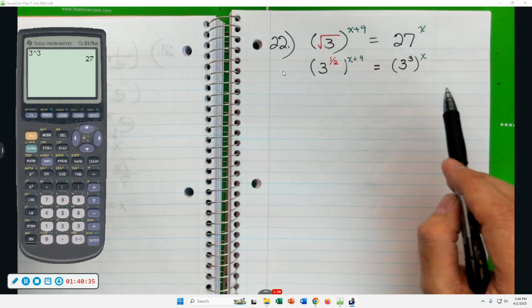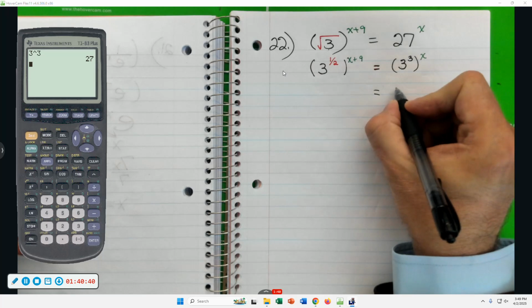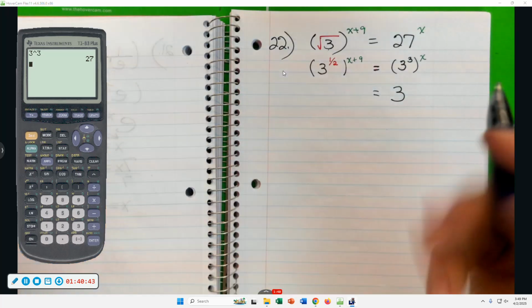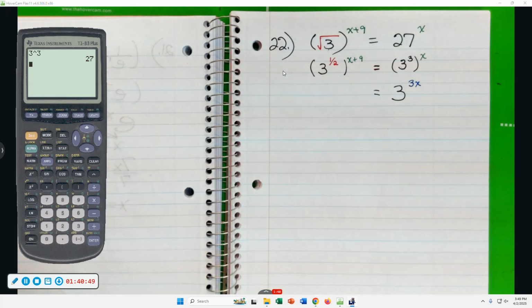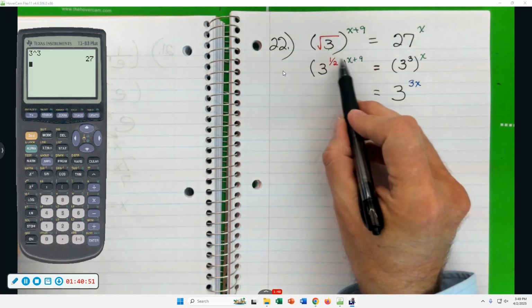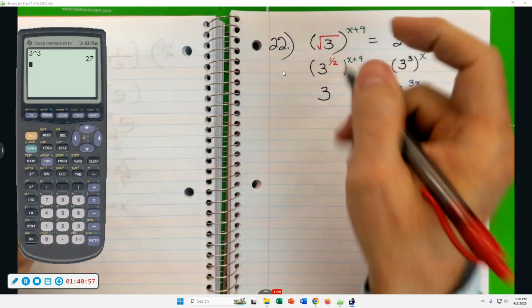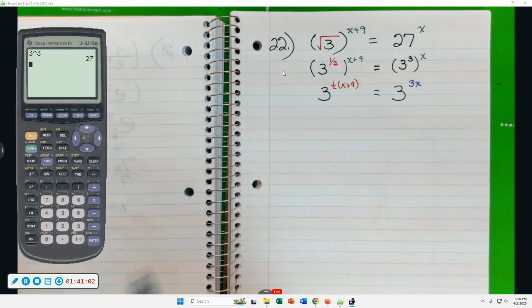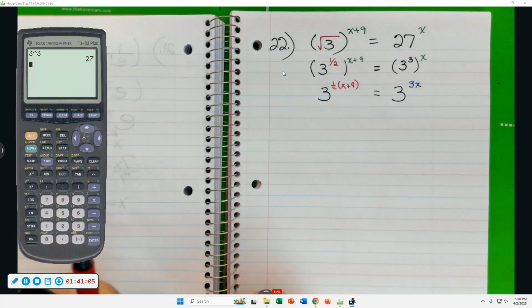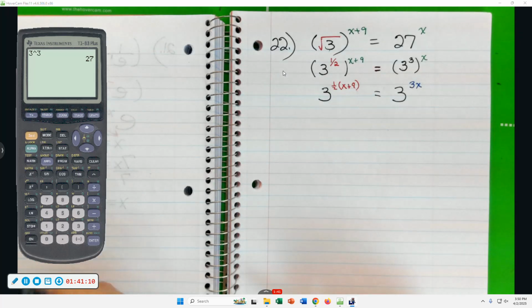And now we need to multiply to get rid of the parentheses. Like over here on the right hand side, it'd just be 3 to the 3x power. Normally we distribute, but let's not this time. I'm going to wait to distribute. Look at how I'm going to solve this. You could distribute the 1/2, but you're picking up 2 fractions, and then you're going to want to get rid of the fractions.